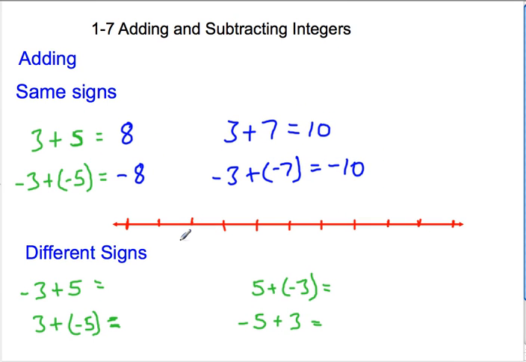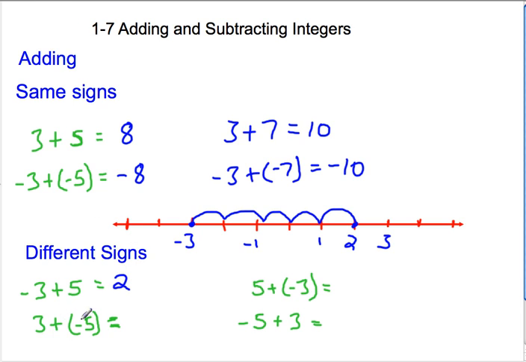If we look for negative 3 on here, negative 3, negative 2, negative 1, there's 0, 1, 2, and so on. So if we have negative 3 plus 5, what we're doing is starting at negative 3, and then moving 5 to the right. 1, 2, 3, 4, 5. And that's right where 2 would be. So negative 3 plus 5 is 2.